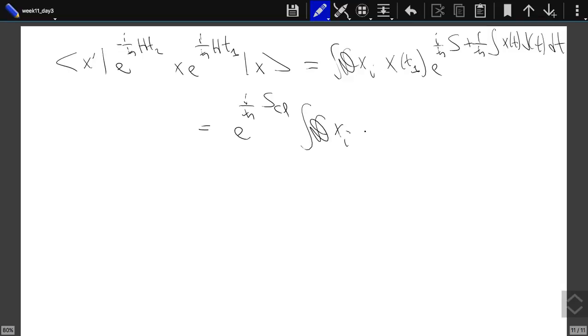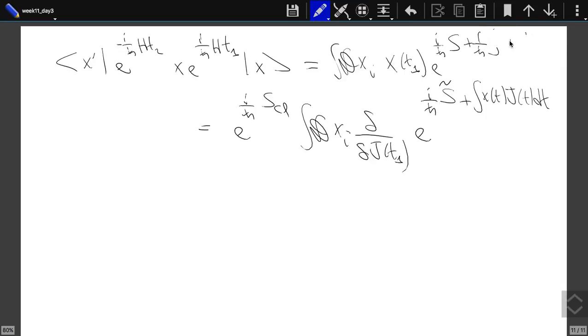Now this one we just wrote as the functional derivative with respect to j at the time t1 of e to the power i over h bar, let's say S tilde, that is whatever remains, plus x transpose jt dt. Now, here we don't have this jt part. So we just add it, take the derivative, and then set j equal to 0.